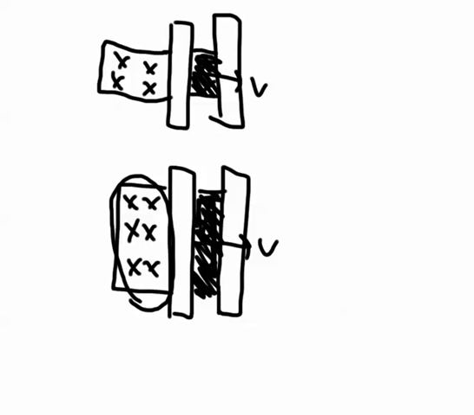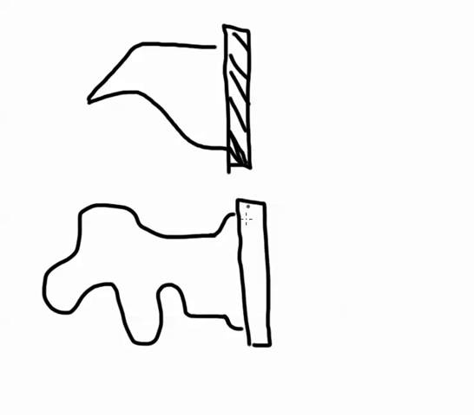Let's do another example. Suppose I have two loops. One of them looks like this, and one of them looks like this, and suppose that the two bars are the same length. These two bars are the same length, but the shape of the loop is different.